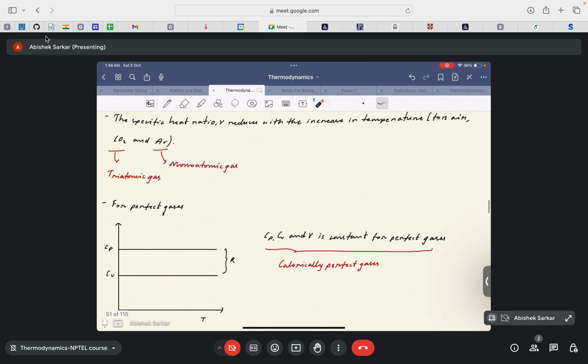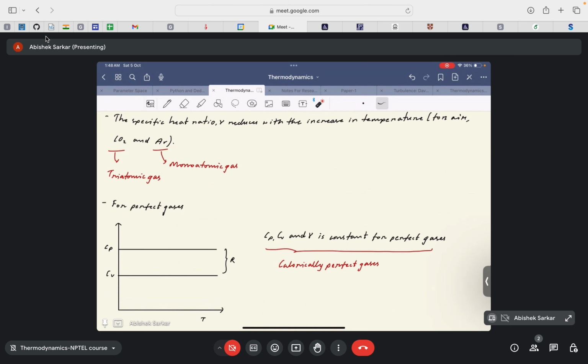For perfect gases, the specific heats, Cp and Cv, remain constant. They are not a function of temperature and are independent of temperature. But still, the relation Cp minus Cv is equal to R holds quite appropriately in these cases as well.